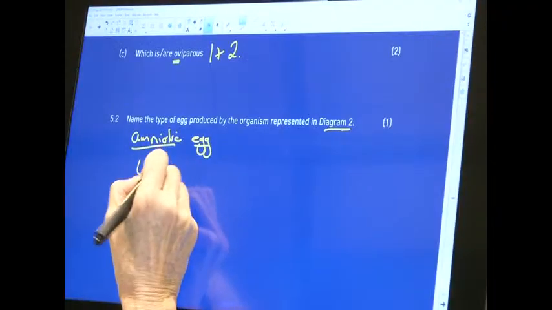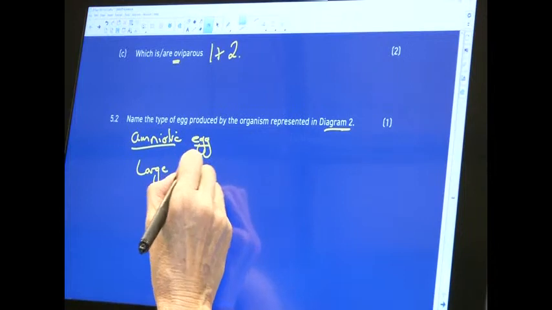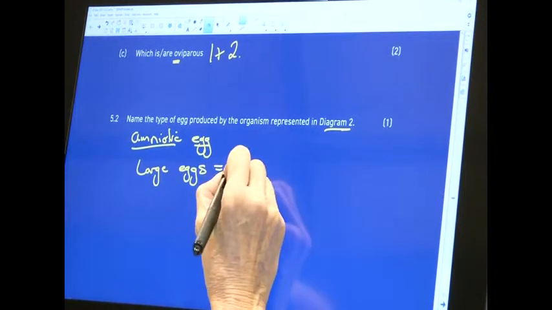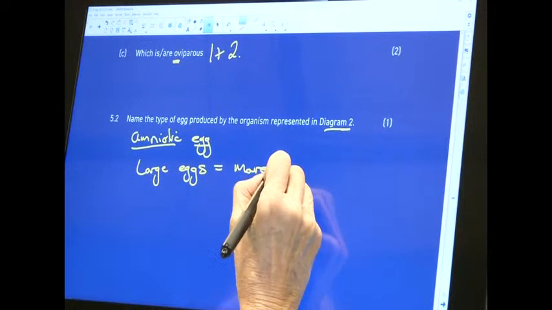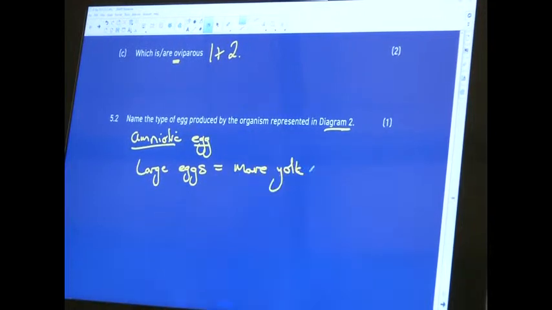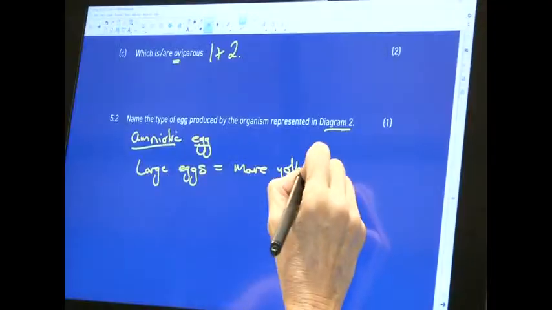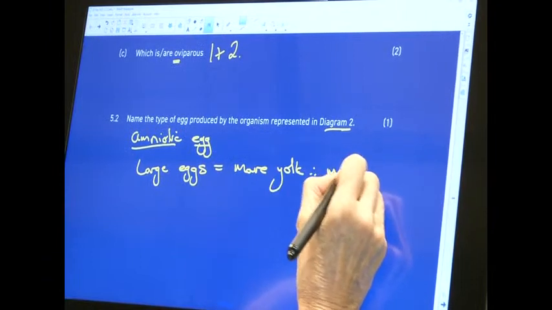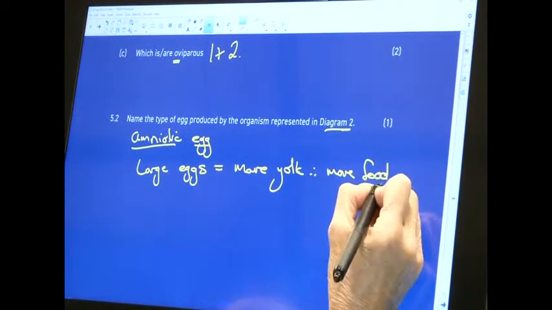All right, and something else I want to tell you. If an egg is large, like an ostrich egg, so when we have a large egg or large eggs, you're going to have more yolk. I hope you agree with me. Bigger egg, bigger yolk, bigger stuff inside. So there's more yolk, therefore there is more food or nutrition.